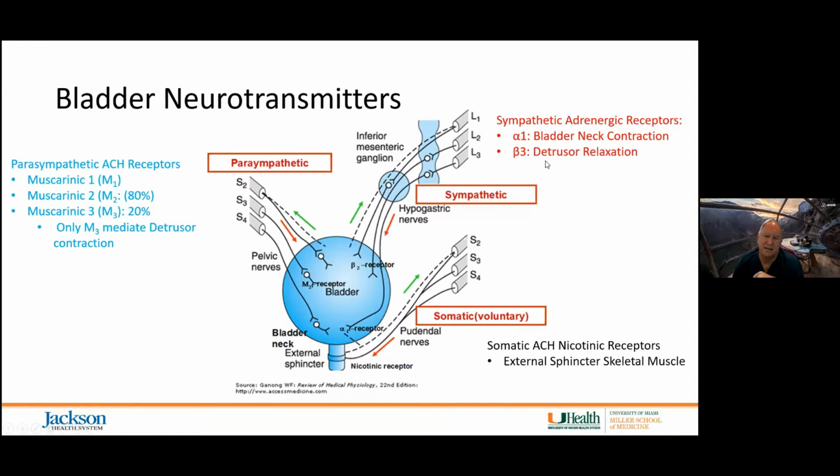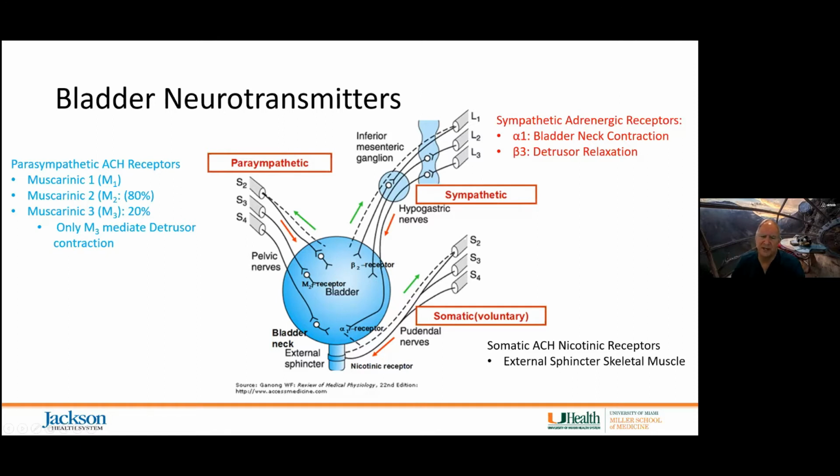And then the beta 3 receptors actually contribute to detrusor relaxation, and we'll talk through the pharmacology of that in just a few minutes. And then finally, you have somatic cholinergic nicotinic receptors.